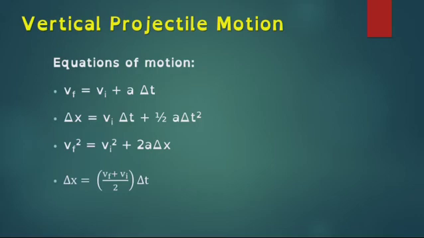Guys, you do not need to memorize these equations of motion. They are on the information page. What I do want to encourage you, when you use them, make sure you write them down exactly as they appear on the information page.